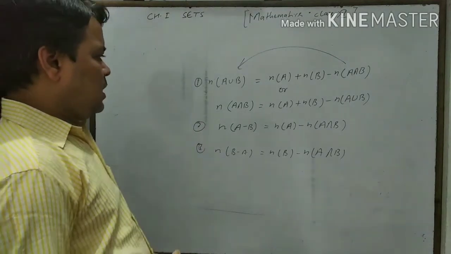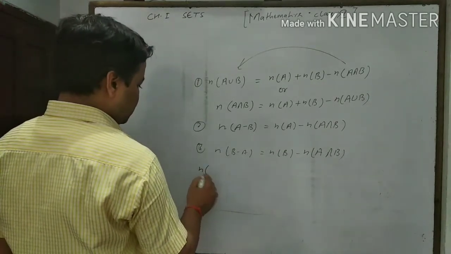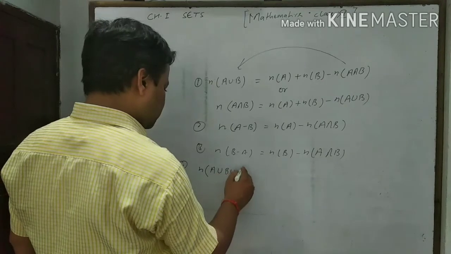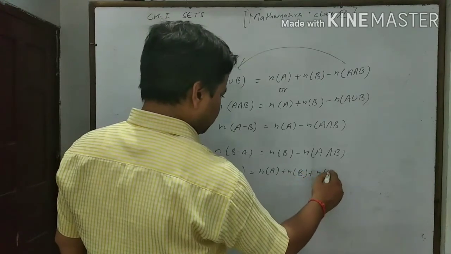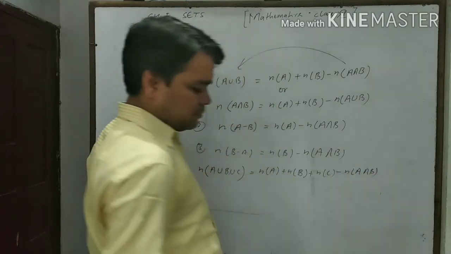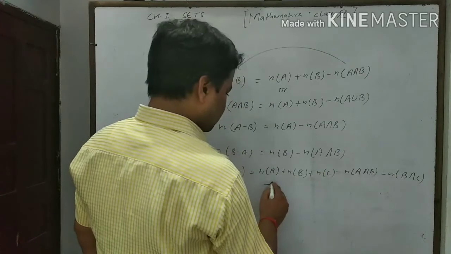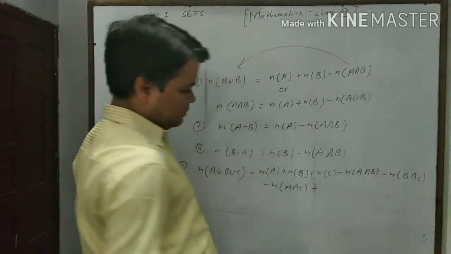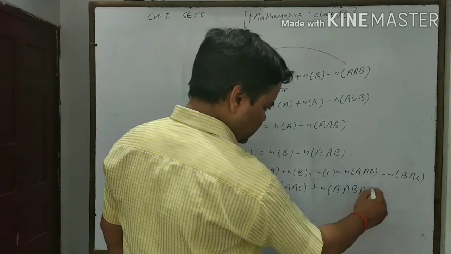And if we have three sets A, B and C, then the cardinal number of A union B union C is equal to n(A) plus n(B) plus n(C) minus n(A intersection B) minus n(B intersection C) minus n(A intersection C) plus n(A intersection B intersection C).